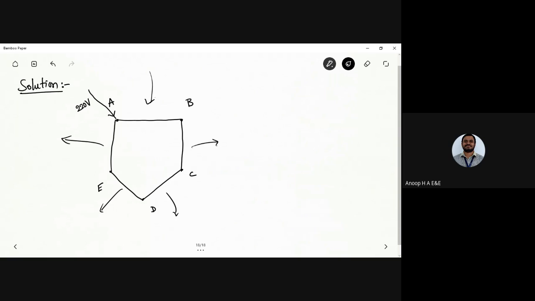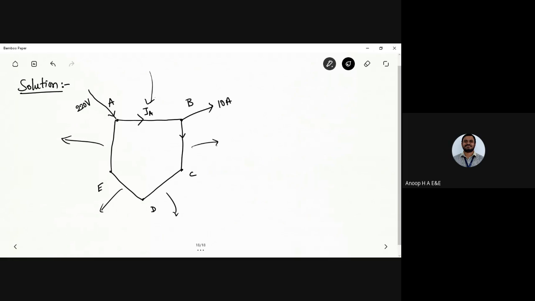Now what do I need to do in case of such things? I need to write the network first, write the feeding point A, and take it from A to B first. Now at B, 10 ampere is taken out. So from A to B, I have IA, and 10 ampere is taken out at the load point B.